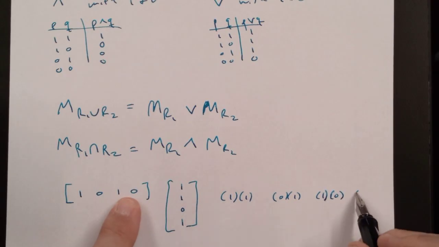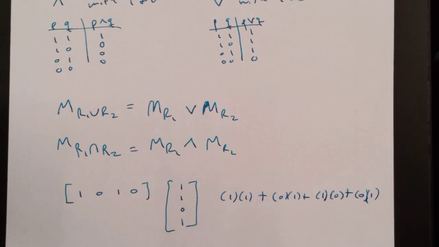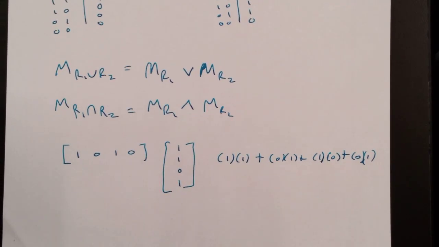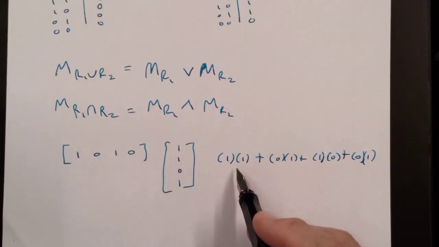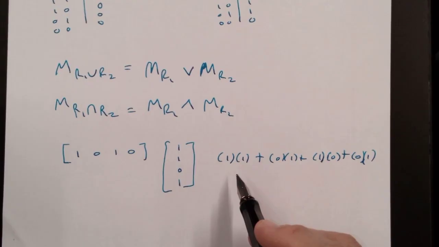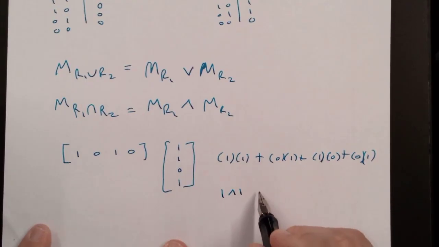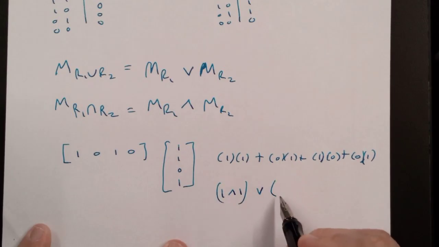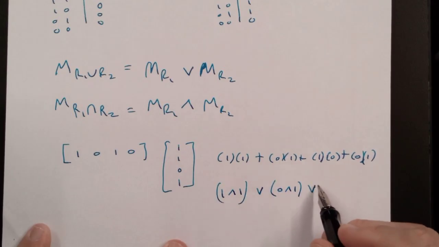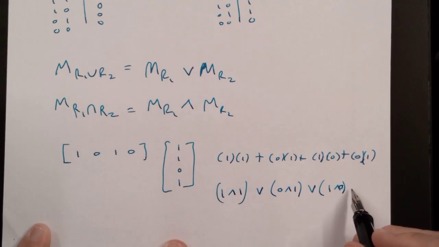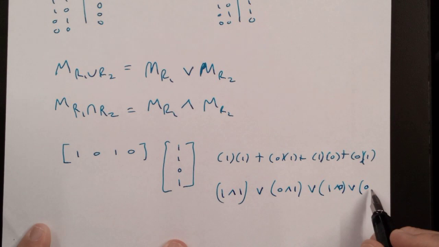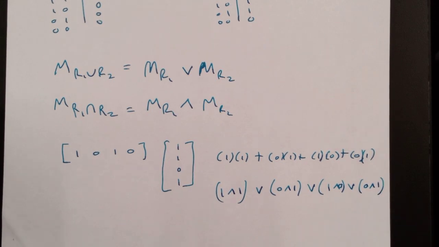You take the last numbers and you multiply them. And then you add all of those up. With me so far? Replace multiplying by and. Replace adding by or. This is called a Boolean product.